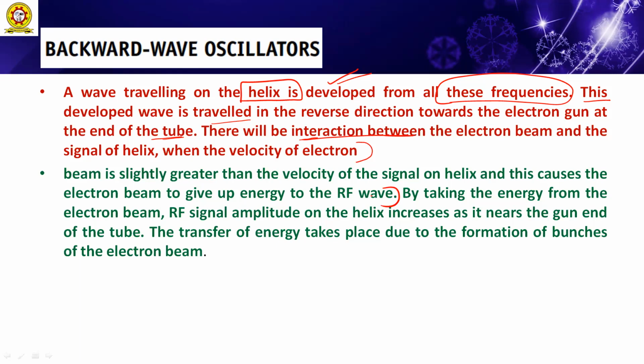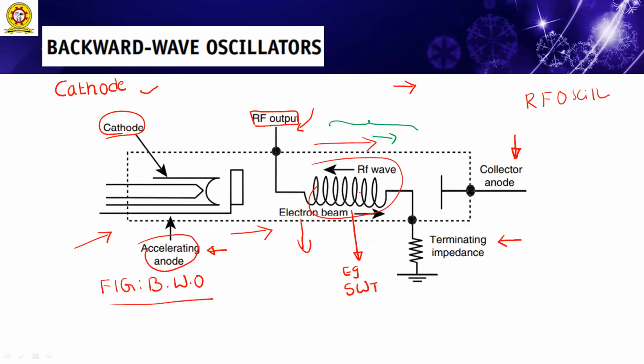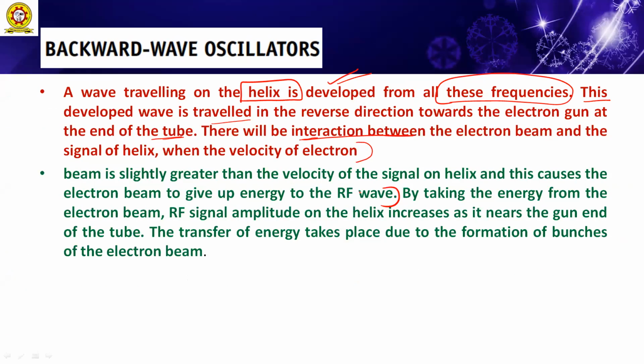So by taking the energy from the electron beam, the RF signal amplitude on the helix will drastically increase as it nears the electron gun, at the end of the tube. Like in a TWT, at the end of the helix traveling wave tube, the wave gets amplified.